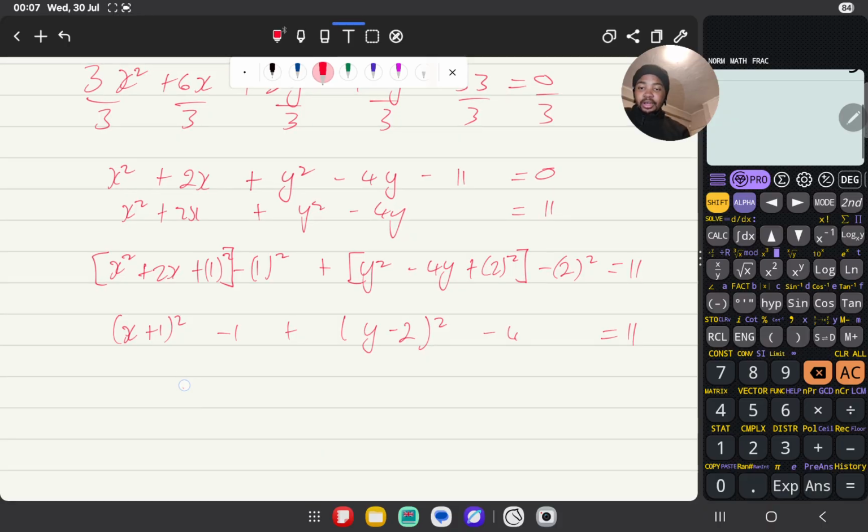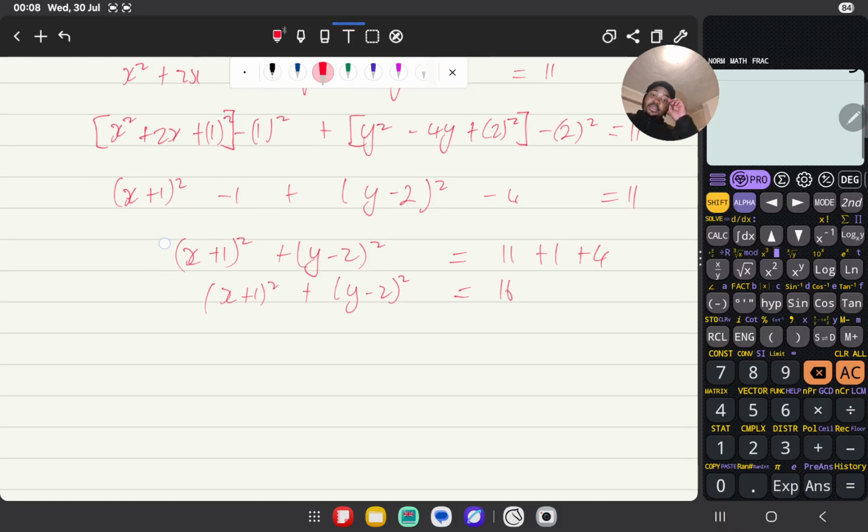And now you have x plus 1 squared plus y minus 2 squared equals to 11 plus 1 plus 4. So now 11 plus 1 plus 4, okay, this is 16. Oh, I forgot the squared here, sorry for that. Squared, and there we go, right?